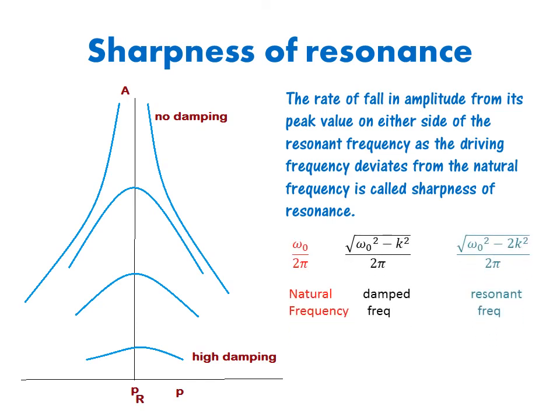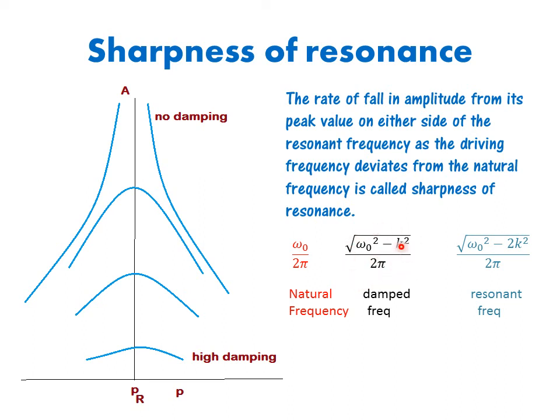Finally, we will look at three different frequencies that we have come across in this topic. First one is the natural frequency. It is represented as omega 0 by 2 pi. This is the frequency with which the system will oscillate if there is no damping and if there is no driving force. Whereas if there is low damping, we had earlier seen that the frequency will decrease and it will become root of omega 0 square minus k square.